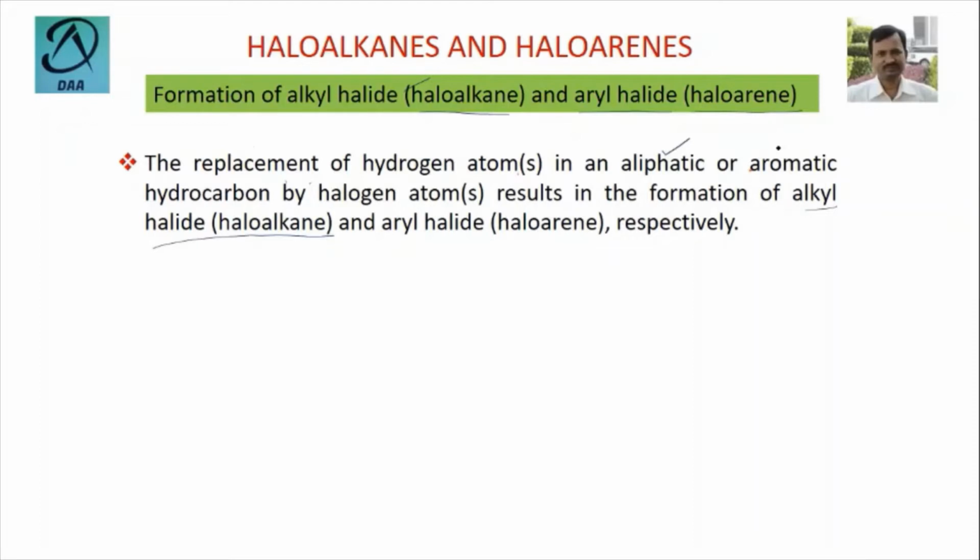When hydrogen is replaced in aromatic hydrocarbons by halogen atoms, it is called an aryl halide. So for aliphatics, we will give one example.